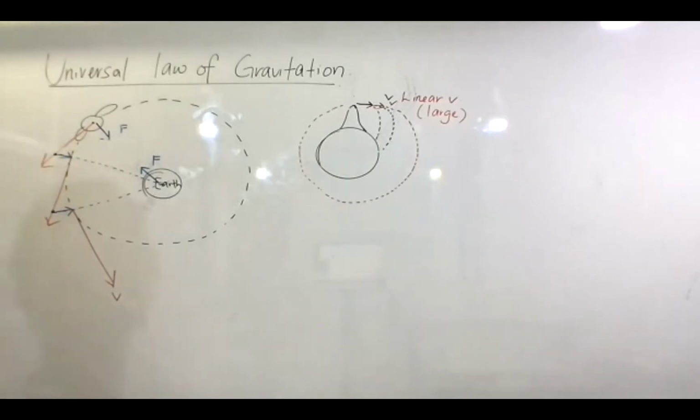What you see here is that the velocity vector keeps changing because of the gravity from the Earth. Here, here, here.